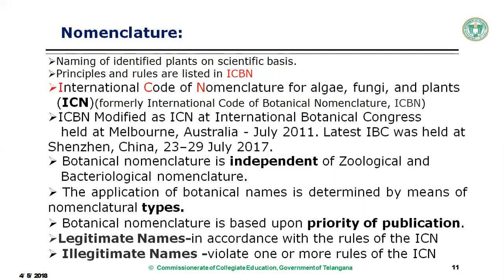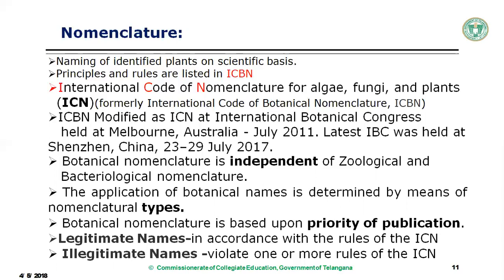Botanical nomenclature is independent of zoological and bacteriological nomenclature. A few rules are different from zoological and bacteriological nomenclature, so botanical nomenclature is independent. The application of botanical names is determined by means of nomenclatural types. A nomenclature type is a representative of a family for the whole plant species.